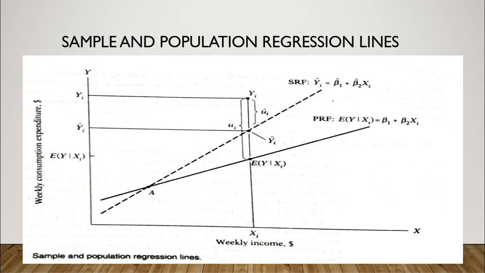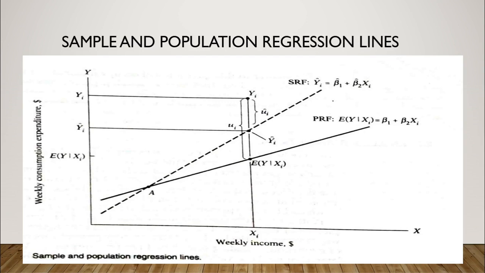Here in the graph you can find a sample regression function and a population regression function. So we have sample and population regression lines. The population regression function is denoted by PRF and the sample regression function is denoted by SRF. The dotted line is the sample regression function and the other line represents the population regression function.